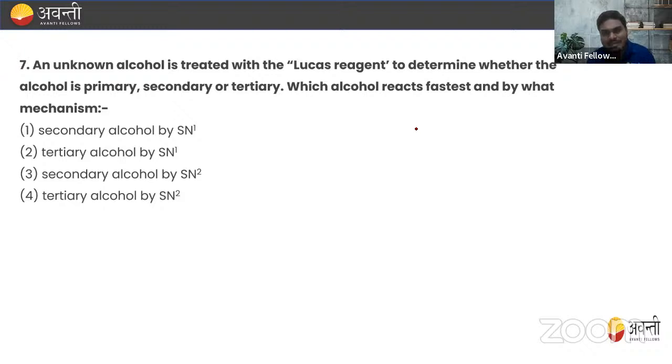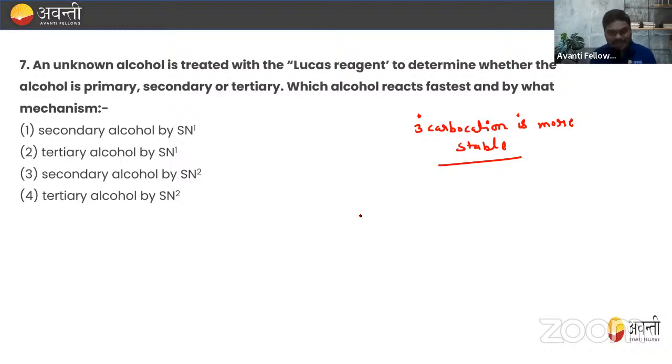We all know that the tertiary carbocation is more stable. And in SN1 and SN2, in which is a carbocation formed? SN1 or SN2? Yes, obviously, in the SN1 reaction.